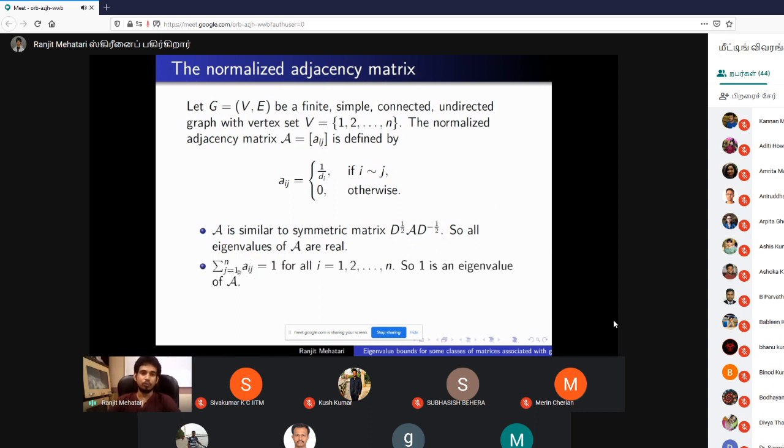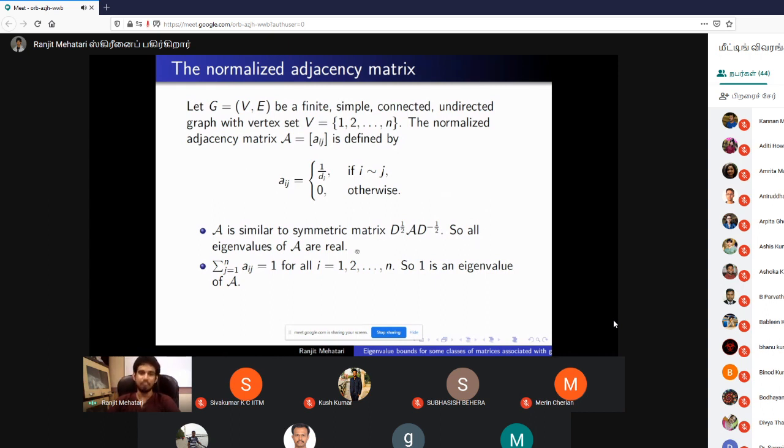Summation j equals 1 to n of a_ij equals 1. So the matrix A has exactly d_i entries equal to 1 by d_i in the ith row.